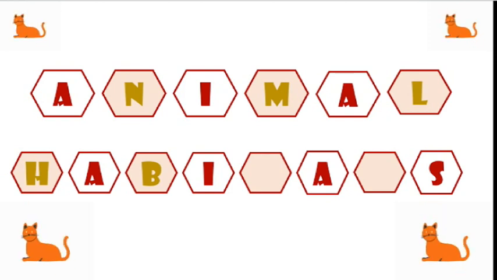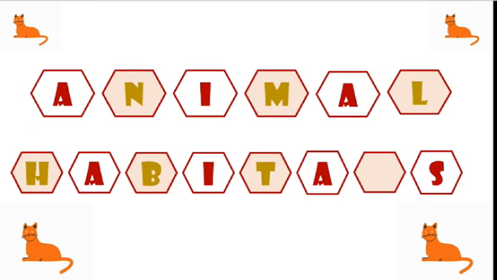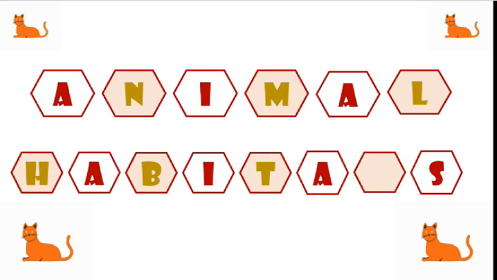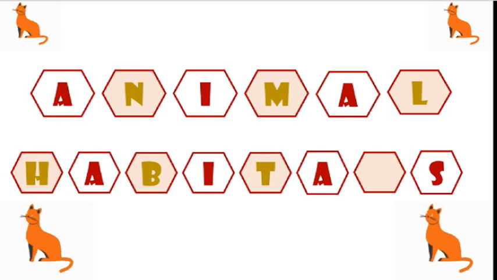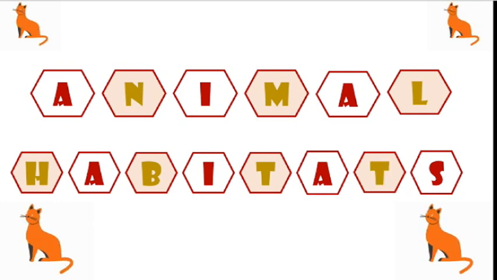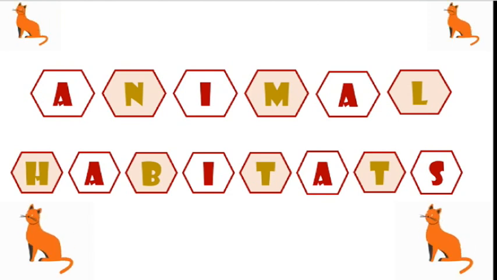Yes, it's letter T. So now we can say HABITA-S. So what is the last missing letter from the slide? Correct. It's letter T again. So the word is animal habitats.